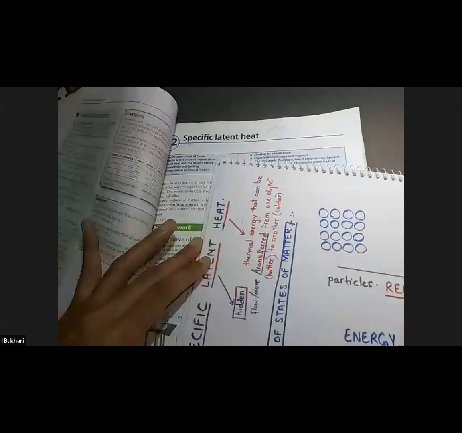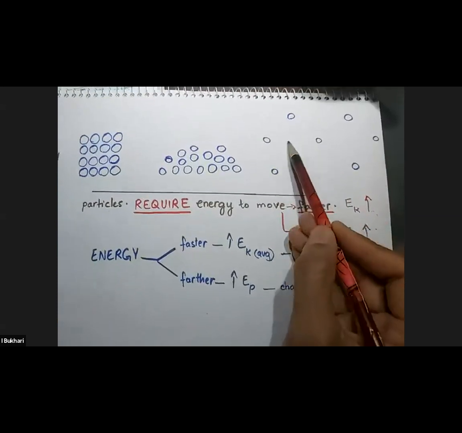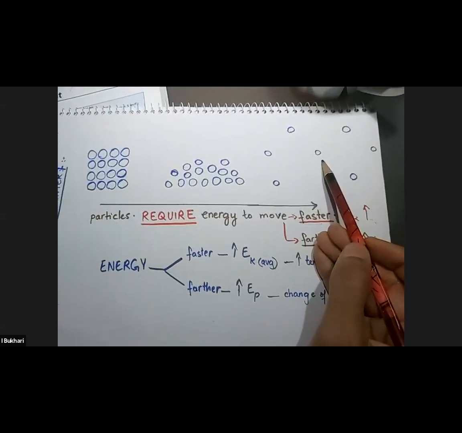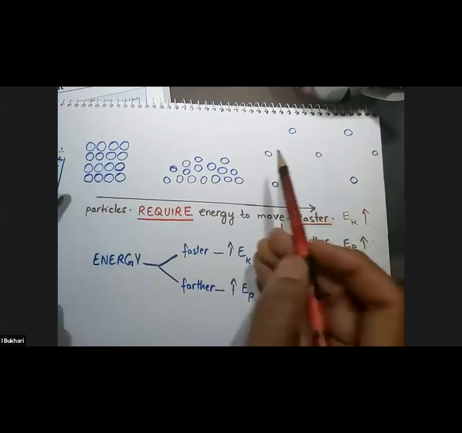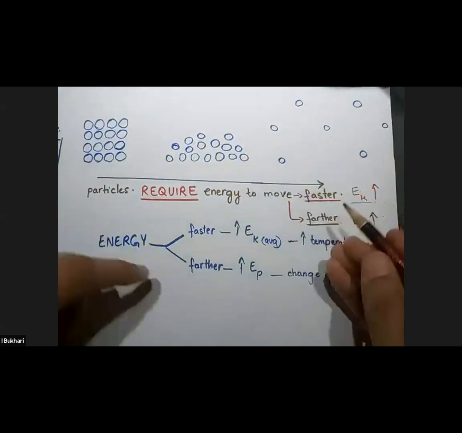As you can see, the distance here is greater than the distance here, and the distance in the gaseous state is even more, right? So as we are providing energy, not only are they moving more vigorously with more kinetic energy, but they are also moving farther away.